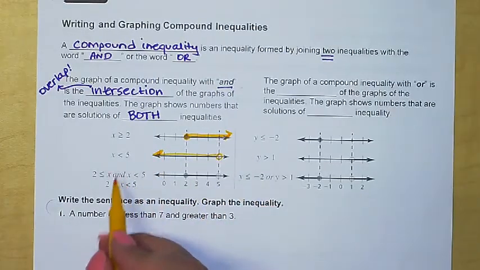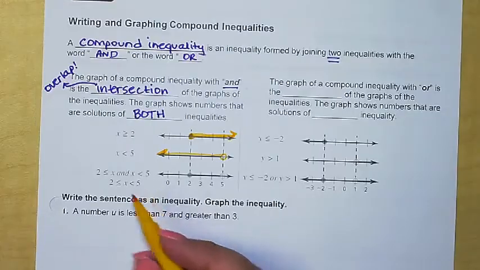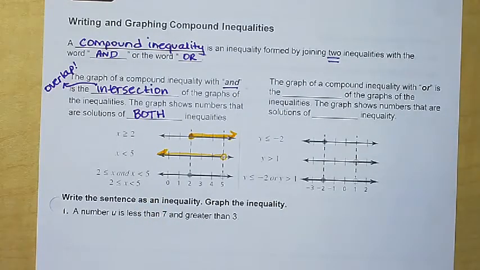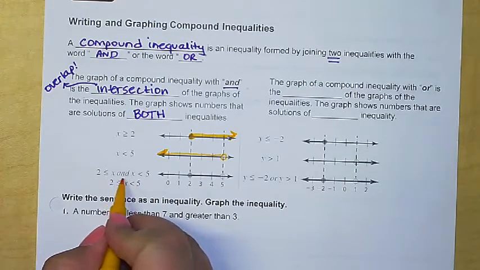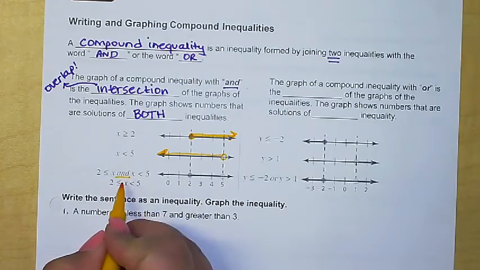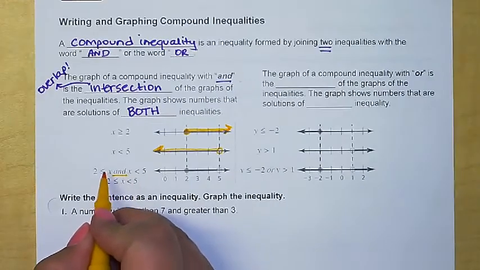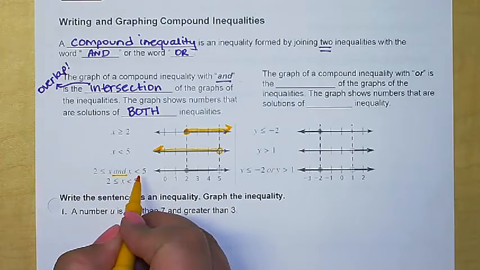So then I can create a compound inequality that says I want actually just the numbers that make both of these things true. I want to narrow this down to the numbers where x is greater than or equal to 2 and also less than 5.